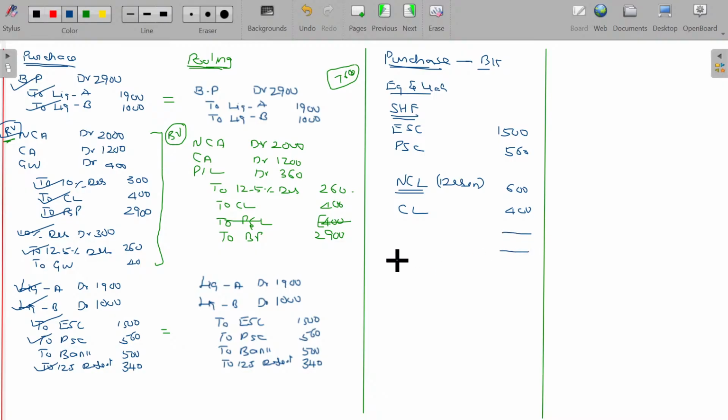And in balance sheet, asset side, start with the non-current assets, intangible assets, goodwill, and other tangible assets. Goodwill being 400. After set off this 40, you will get only 360. Other tangible assets being 2000.